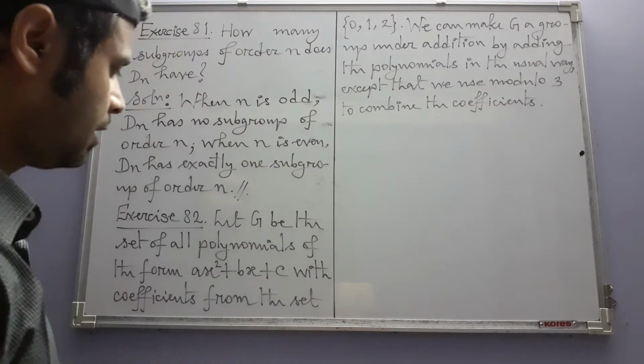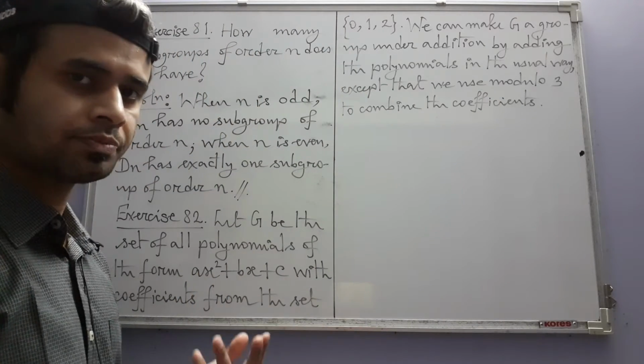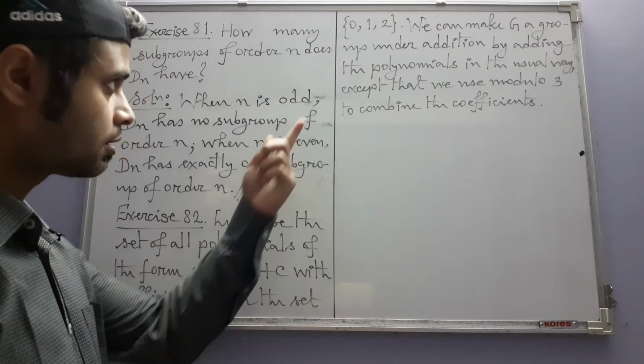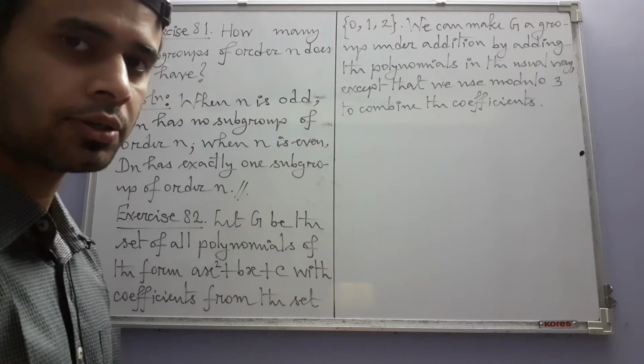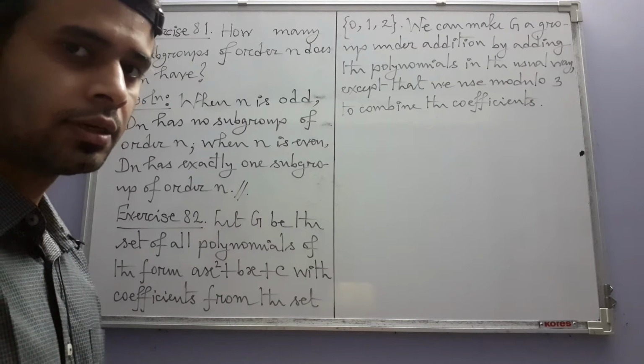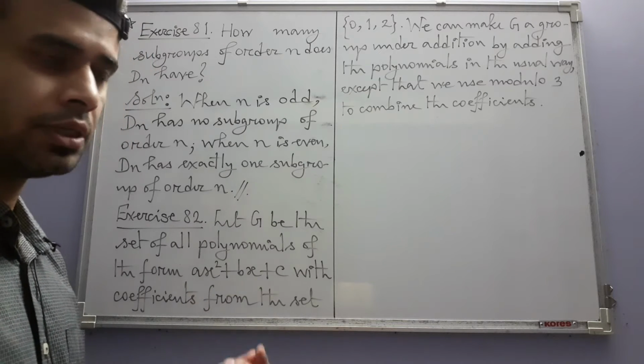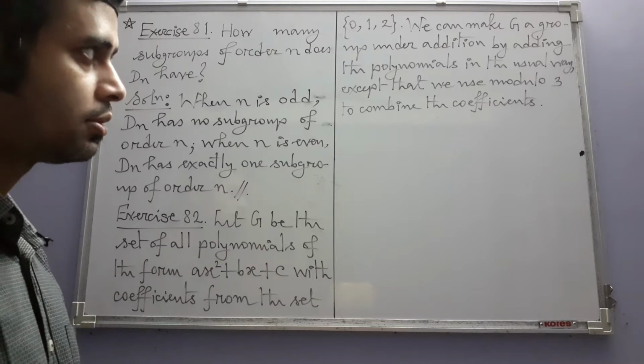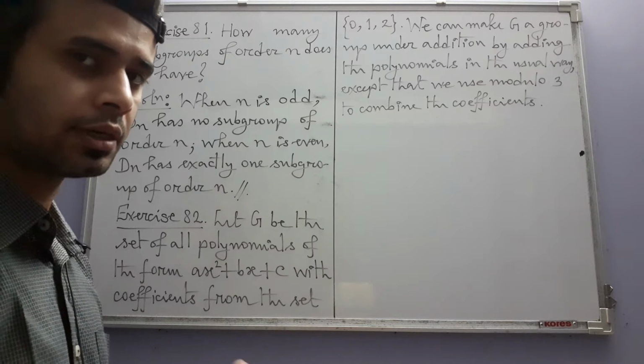That means when we add two such polynomials, clearly the usual way of adding two polynomials is to add the like coefficients, and in that addition we are using the modulo 3 version of the addition, ordinary addition.